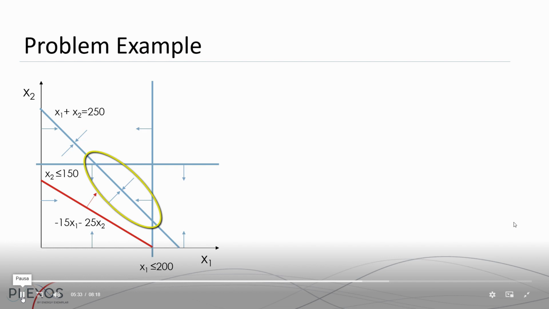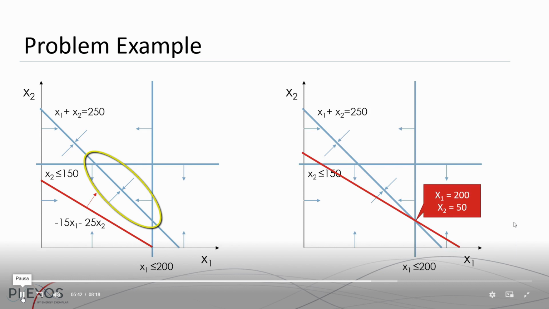The optimal solution is found by sliding the red line upwards until it finds the first point in the feasible region. This is the first point in the feasible region, which also gives the lowest cost. So this is the optimal solution where G1 has a load of 200 megawatts and G2 has a load of 50 megawatts. A quick sense check, and this is to be expected, as G1 is significantly cheaper than G2.